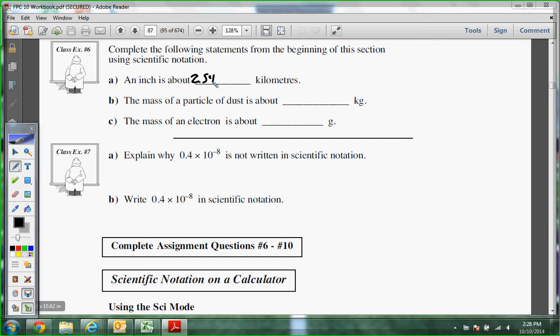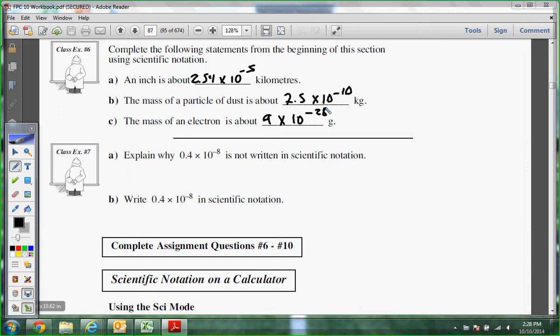Times 10 to the what? Negative 5. Okay, how about the particle of dust? Anybody get that? 7.5. Yep, it was negative 10. Good. And the mass of an electron is 9 times 10 to the negative 28. Very well done.